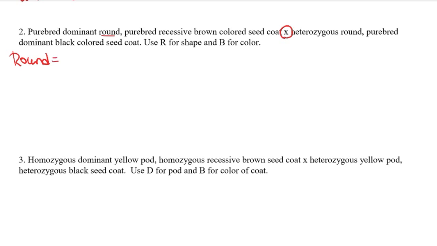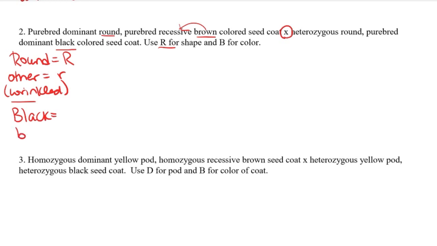So I could put wrinkled, but if it doesn't tell me, I can always write the word other. But I'm just going to put in parentheses that it's wrinkled. And round is dominant, and it said to use R for shape. And then my second trait for color, I've got brown and I've got black. So even though I have brown listed first in my problem, I'm going to keep with my pattern, and I'm going to do black and then brown.